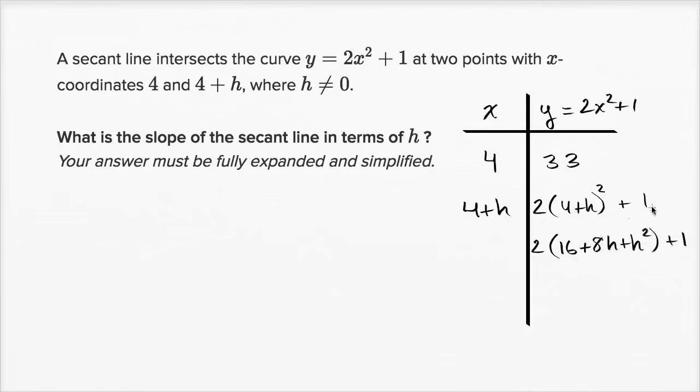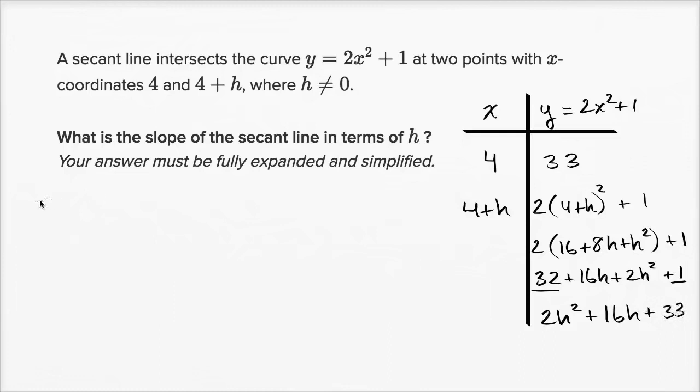And then we have our plus 1 still. If we distribute the 2, that's going to get us to 32 plus 16h plus 2h squared plus 1. And then we add the 32 to the 1. Actually, I'm going to switch the order a little bit, so I have the highest degree term first. So it's going to be 2h squared plus 16h, and then plus 32 plus 1 is 33.